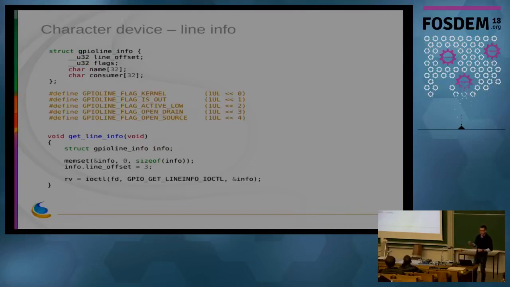And then once you have the file descriptor for a chip, you can use it to get information about every line. In this case, you have to call the line info ioctl for every line.